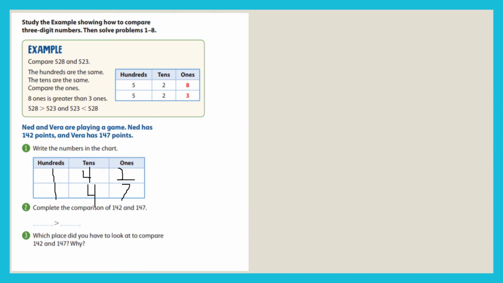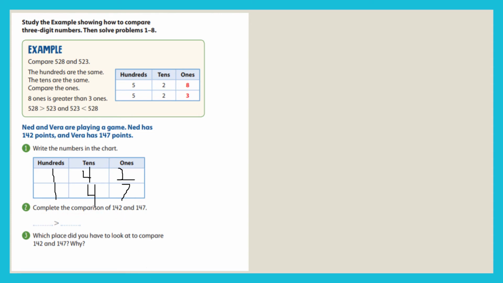All right, let's compare. They both have 100. They both have 4, but one has 2 ones, the other has 7 ones. Ned has 2 ones. Vera has 7. So it says complete the comparison.